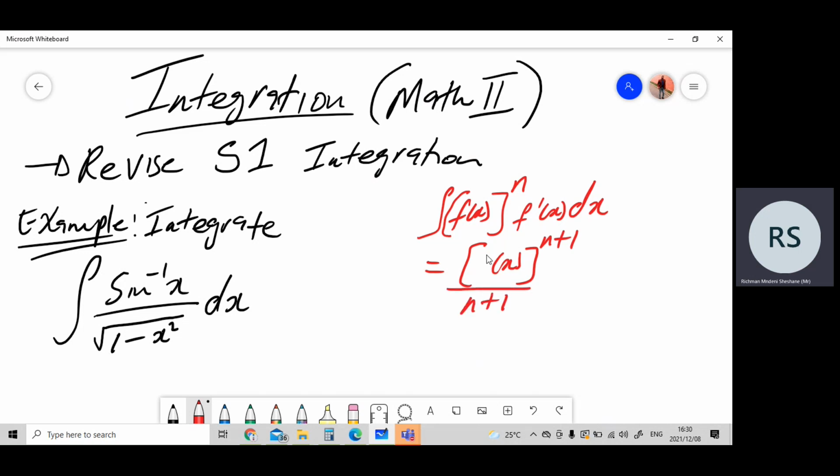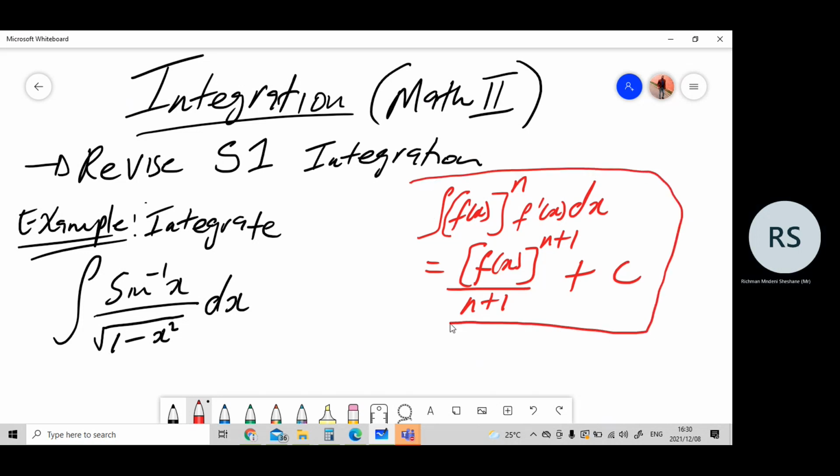This formula is from Math 1. I assume you know it. When you integrate a function that is to the power of n, and that function has a derivative outside, then you can apply this formula and evaluate the standard form of this integral, which is just going to be f of x to the power of n plus 1 over n plus 1 plus c.